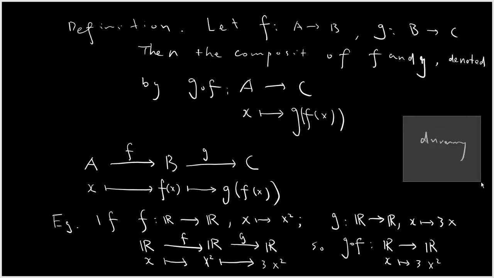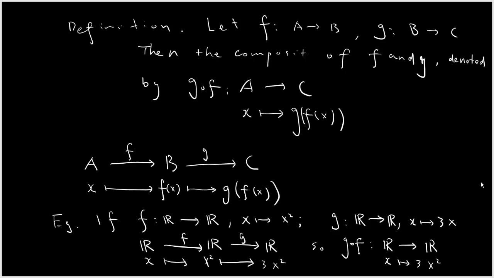For the people who are in calculus, it's the composite of two functions. One function is f, defined as x squared. And g of u, the notation we use in calculus is u to denote the variable, g of u is 3u.